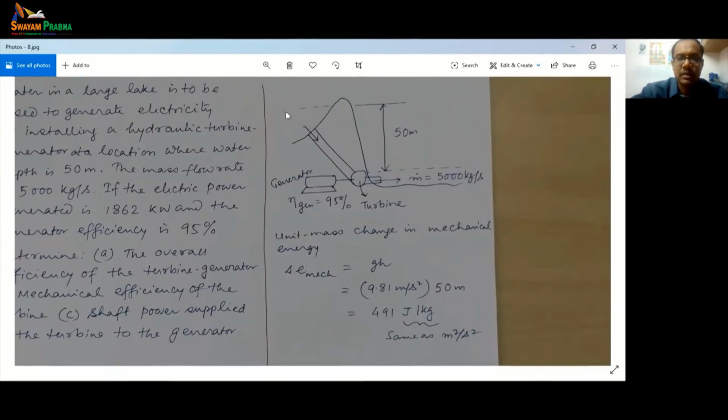We have two adjacent lakes with a certain height difference, which is often the case of hydroelectric dams.